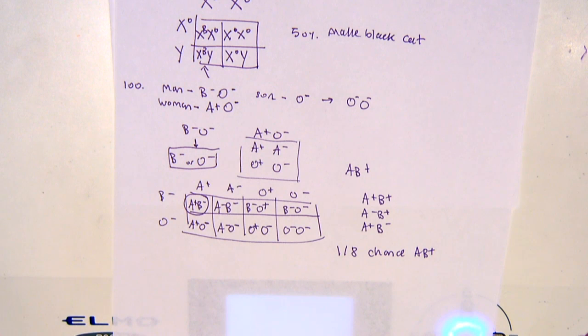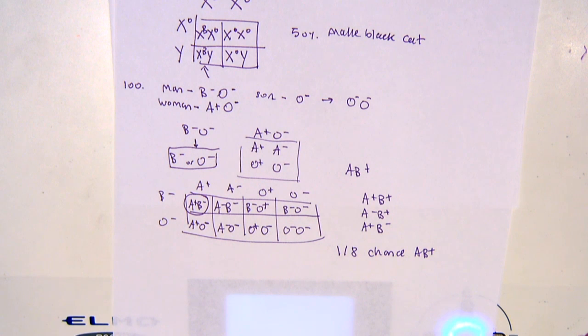As far as I know about XP, it has something to do with being unable to fix thymine dimers. A thymine dimer would be a specific type of mutation, and we can't fix them when we have that disease. That's all I know about it. A thymine dimer is when two thymine nitrogenous bases are next to each other, and instead of bonding to the complementary strand, they bond to each other, and they create a bump in the DNA strand.